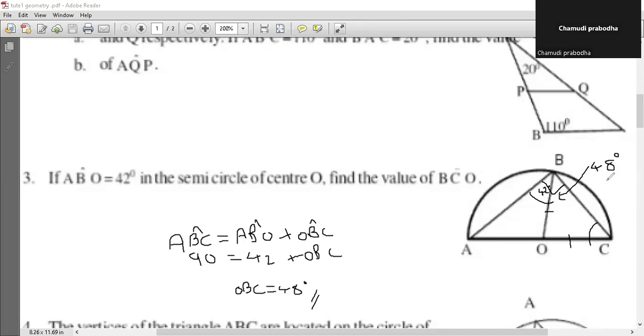So we can easily get the answer as 48 by the isosceles triangle theorem. Value of the angle BCO is 48.